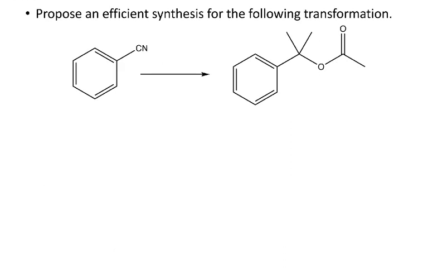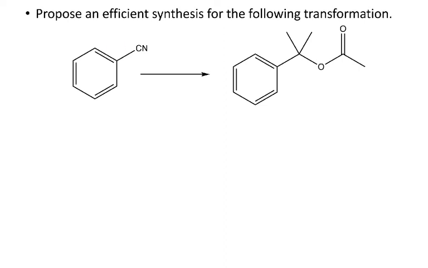Okay, in this final example, I want to convert this starting material into my final product. A couple things jump out at me. I've got a carboxylic acid derivative. I'm making an ester, so that fits in the reactions we've learned in this chapter. But when I think about this starting material, what I also notice is I'm adding two identical alkyl groups. The reaction of forming new carbon-carbon bonds that add identical alkyl groups makes me think of the Grignard reactions.